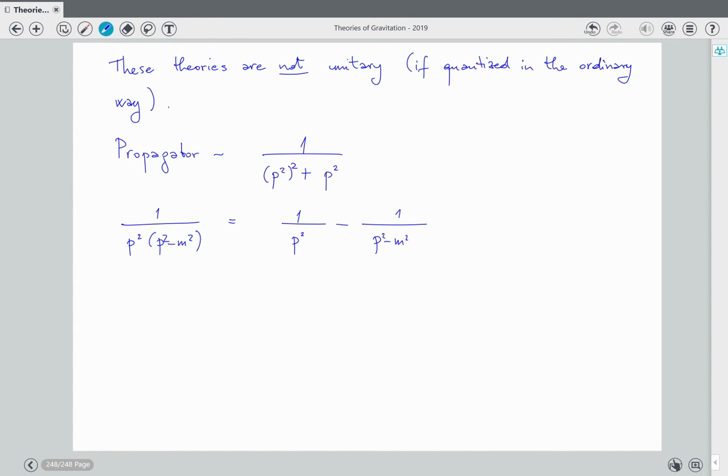So if we take the difference and actually divide it by m squared, we should actually put a minus here, so that at low energies, minus m squared.